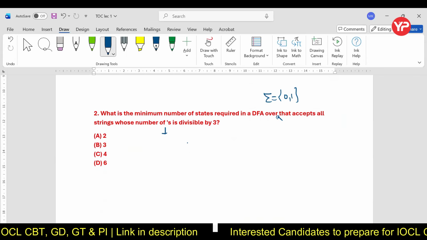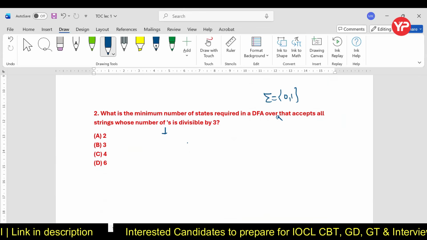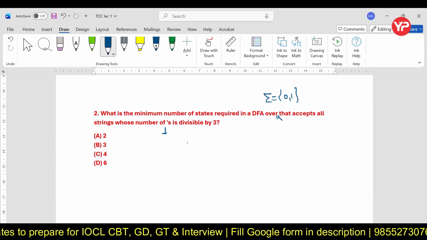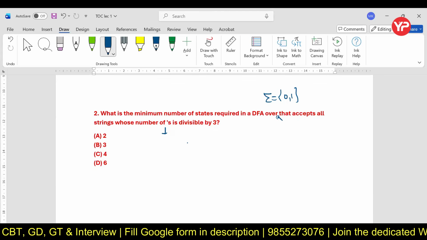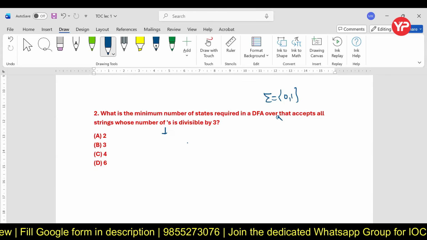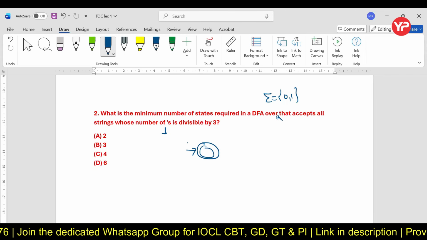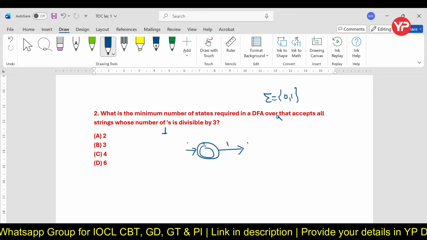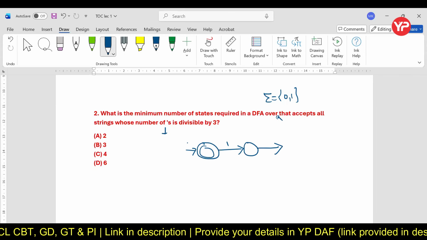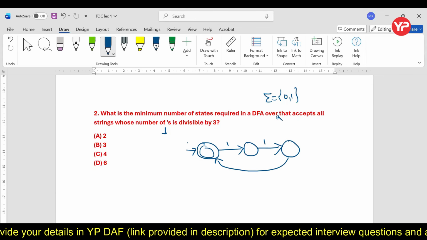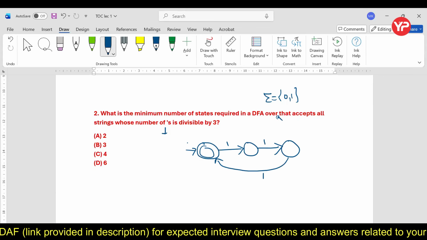So you want the number of 1s to be divisible by 3. It means I want all those strings in which the number of ones is a multiple of 3. It means either 0 ones, I don't want a single one, I don't want double one, but ultimately I want 3 ones or a multiple of 3.